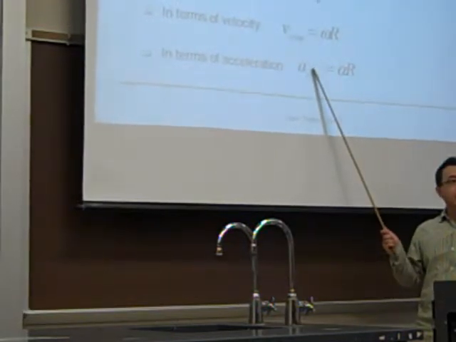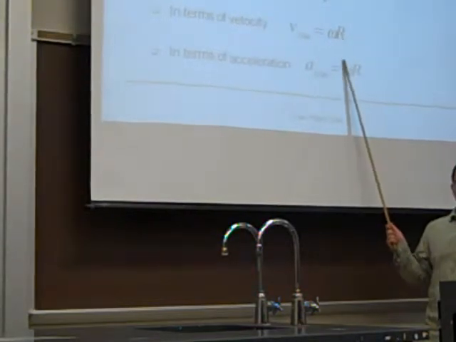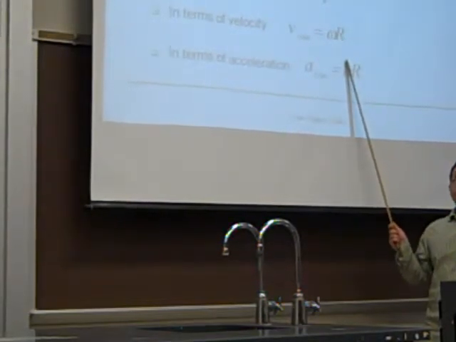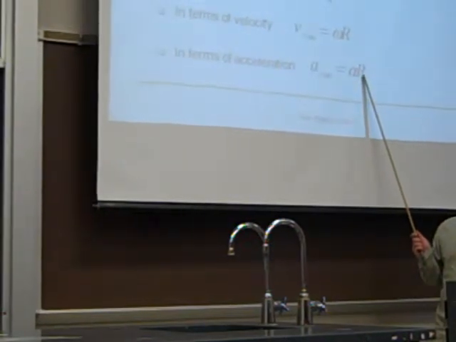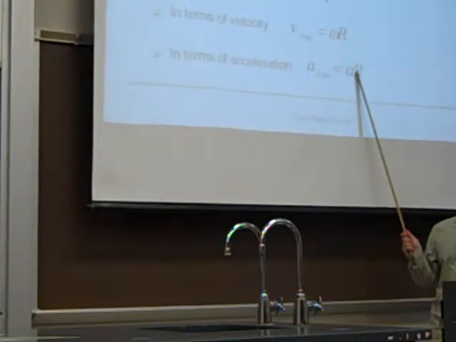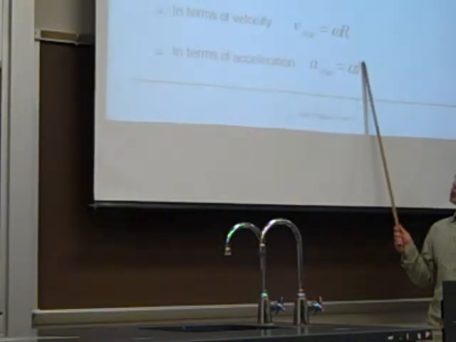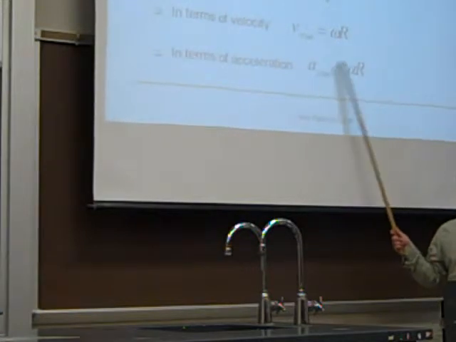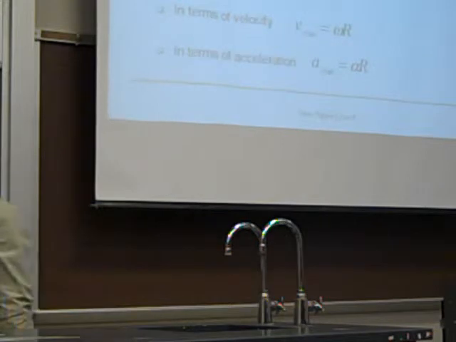The center of mass acceleration has to be the same as the angular acceleration multiplied by the radius. This quantity is the tangential acceleration related to the rotation. The two have to be the same so they can cancel each other.